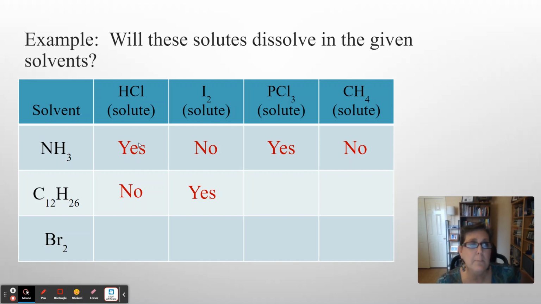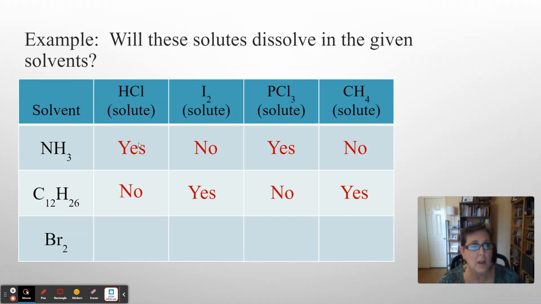Will PCl3 mix with C12H26? No, because that's a polar non-polar combination, so those won't mix. What about CH4? Will that mix with C12H26? Yes, because they're both hydrocarbons, so they are both non-polar. Non-polar will mix with non-polar.